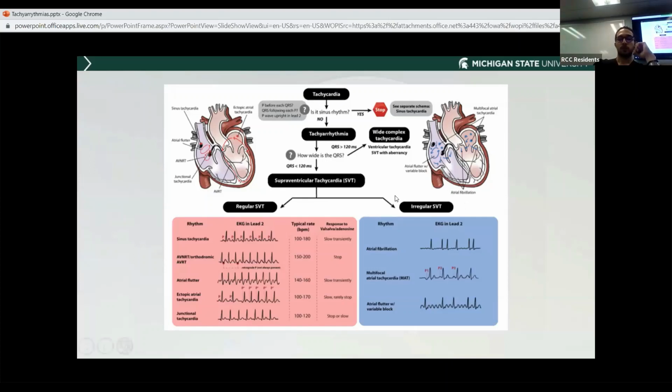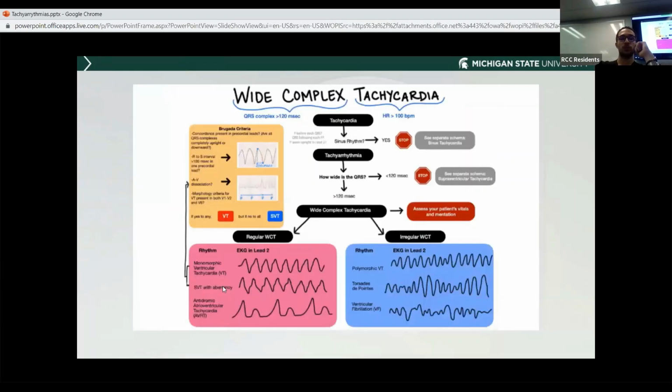So your first question, after hemodynamic stability, is wide or narrow, and based on that you decided this is narrow complex, and R-to-R, you decided this is regular or irregular. The same, you ask yourself about the QRS: if it's above 3 small boxes, or above 120 milliseconds, then this is wide complex tachycardia.